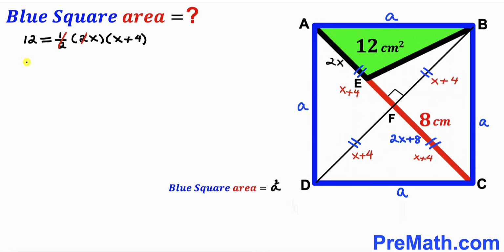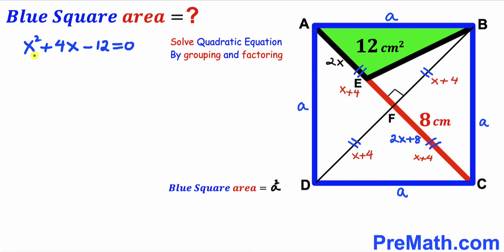So therefore we could write 12 equals x square plus 4 times x. Now I'm going to move this 12 to the other side as well. So therefore we end up with x square plus 4 times x minus 12 equals 0.